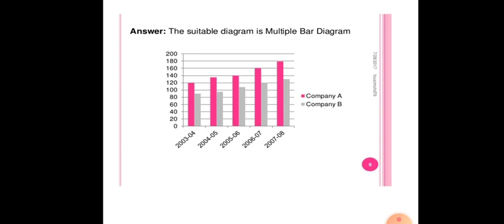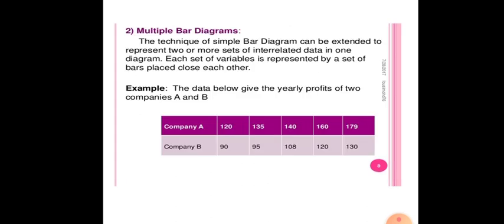The pink color is company A's data, and the gray color is company B's data. In the year 2003-4, company A's profit is 120, and for company B it is 90.